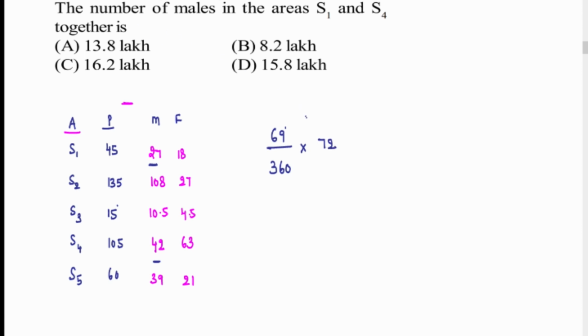I'm taking total 72. So 36 twos are, 36 tens are. I can actually cancel it in the 72 table itself, but I want 10 here so that I can do it easily. 69 twos are 138. Therefore by 10 gives me 13.8 lakh.